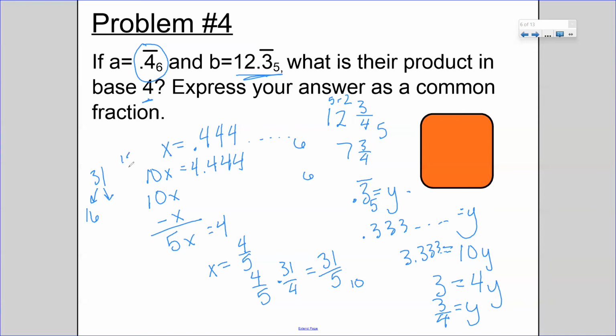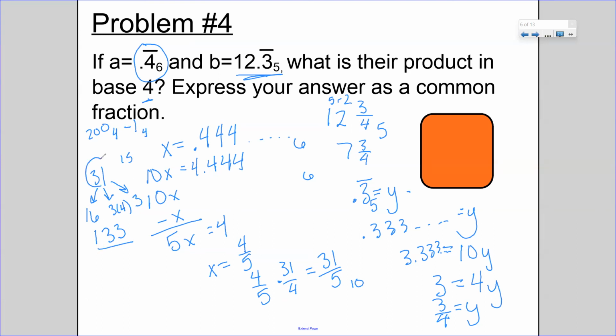Well, we have 15 left over, and so we could say 3 groups of 4, and then an additional 3. So this would become 1, 3, 3. We also could say this is 1 less than 2 groups of 16, and so really dealing with 200 minus 1 in base 4, and that would give us 133.